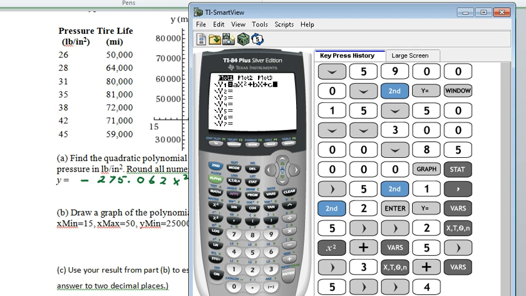And now when we press graph, we see not only the scatter plot, but also a graph of the polynomial.